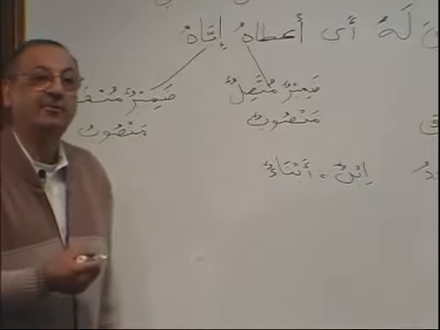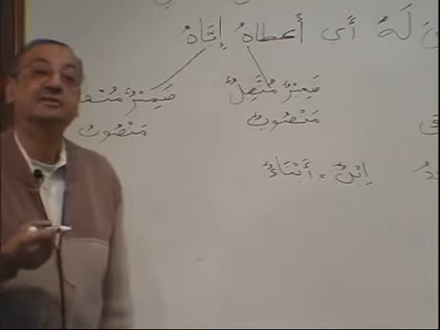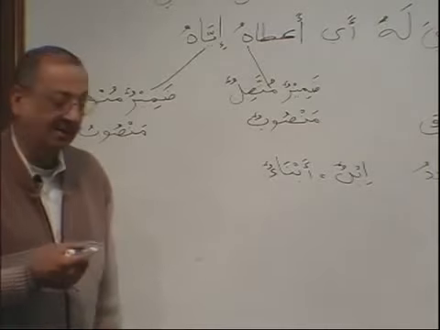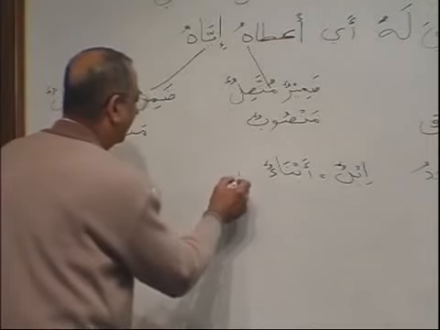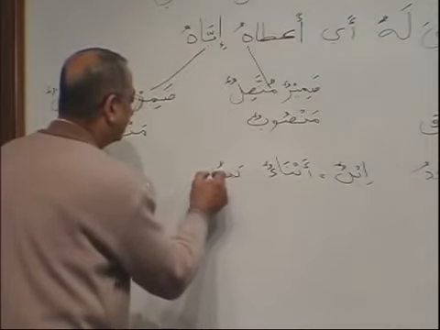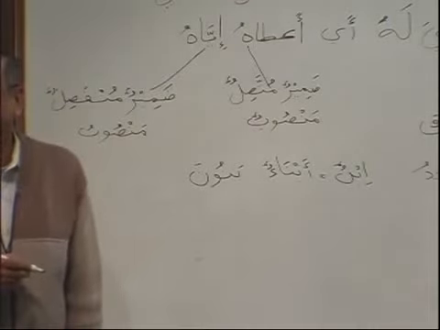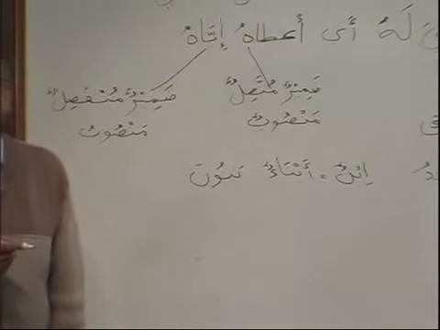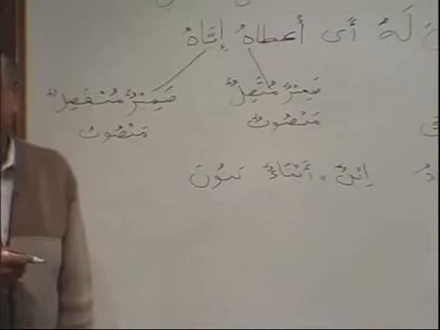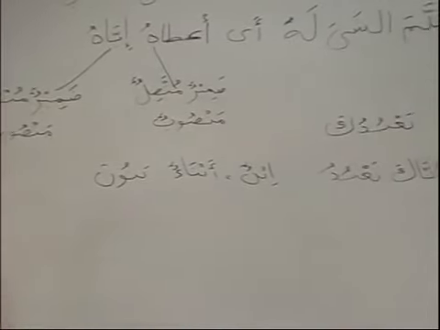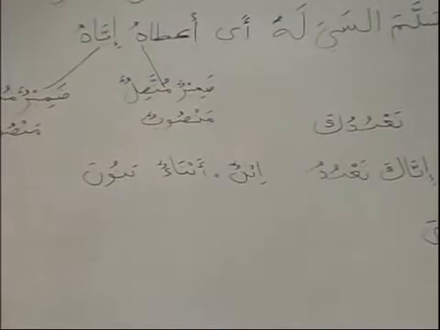And there is another plural which is jam' mudhakkar salim, sound plural. What is the other plural? Banuna. What is Banuna? Wawun, sound masculine plural. Are you with me, brothers and sisters?